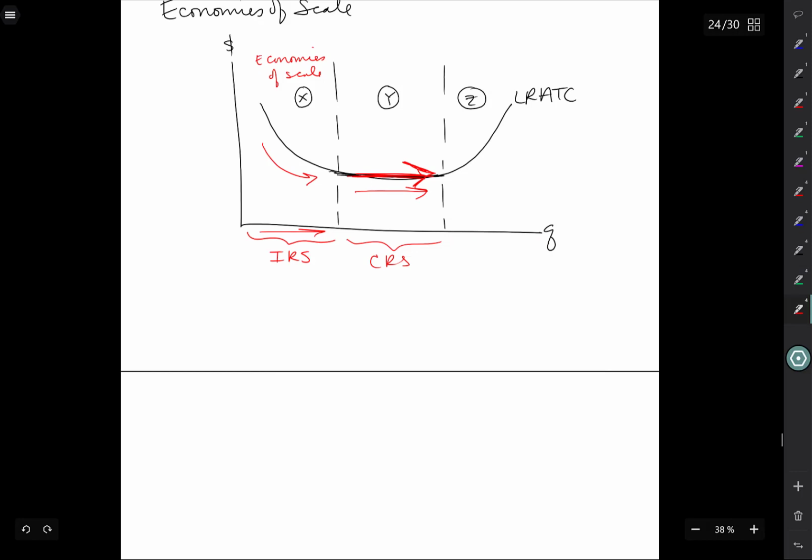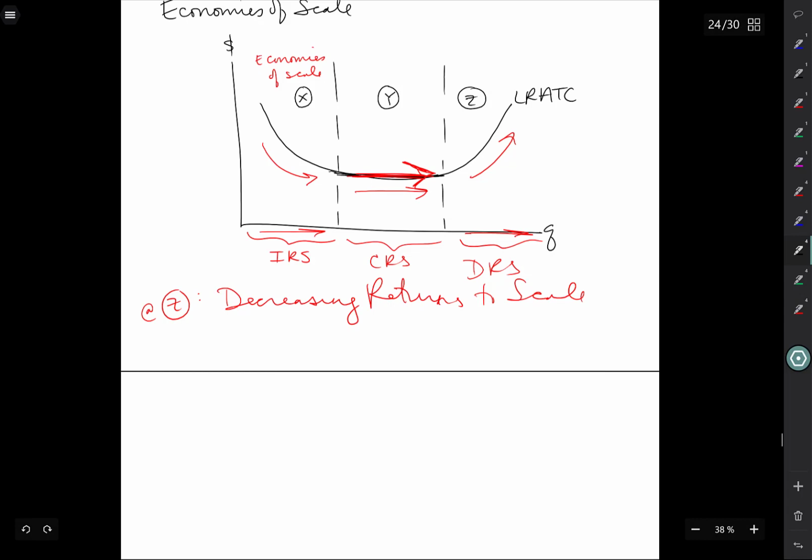DRS, decreasing returns to scale. As we produce more, we start picking up our average total cost of production. So this is what at Z, we call this decreasing returns to scale. It's in the title, folks. The definition is in the title. Decreasing returns to scale, also known as DRS.